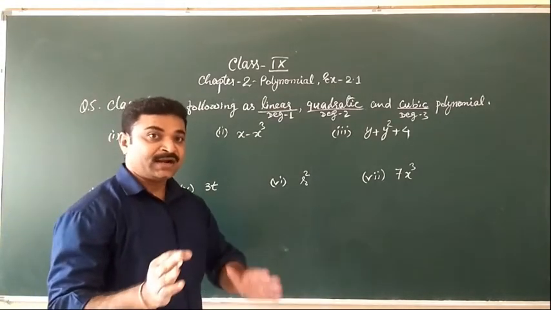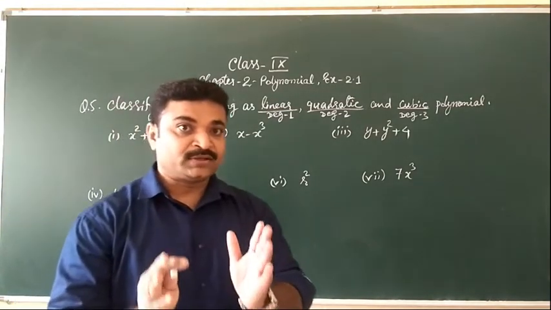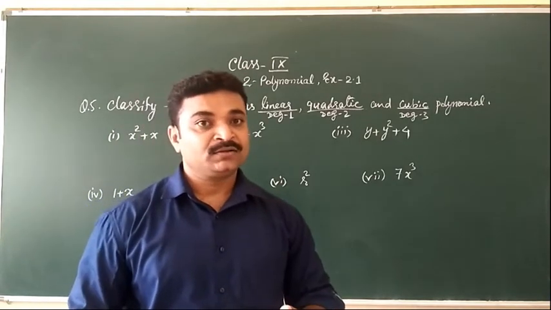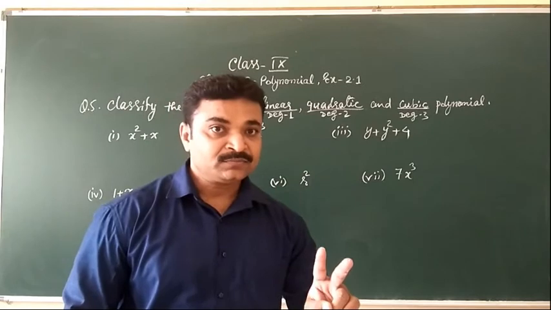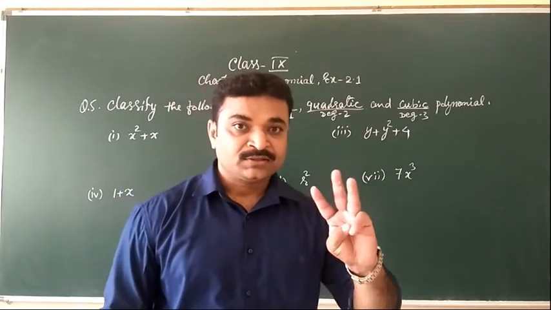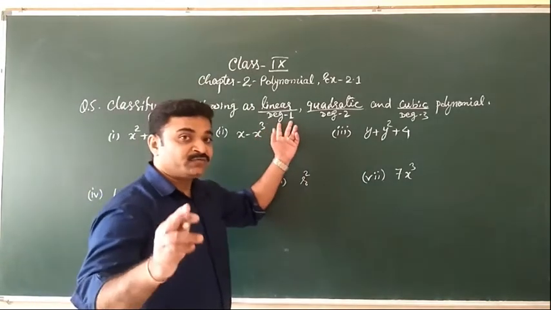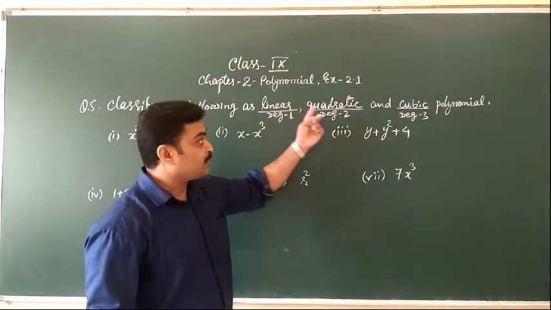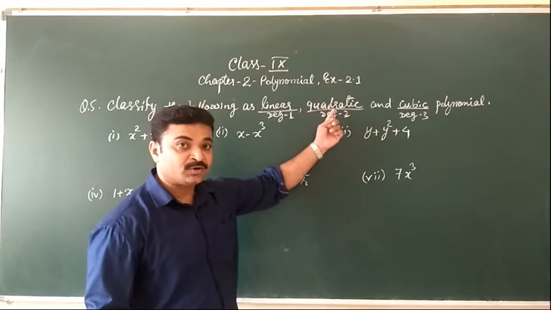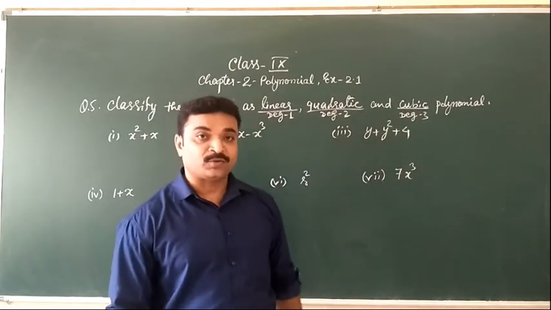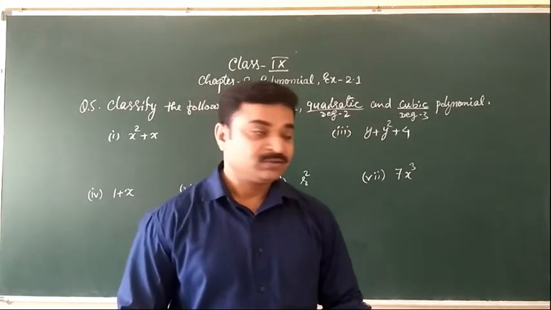Terms and degree, don't be confused. One single term is monomial. Double term is binomial. 3 terms is trinomial. But if the degree is 1, that is linear polynomial. If the degree is 2, that is quadratic polynomial. And if the degree is 3, that is cubic polynomial. Got it?